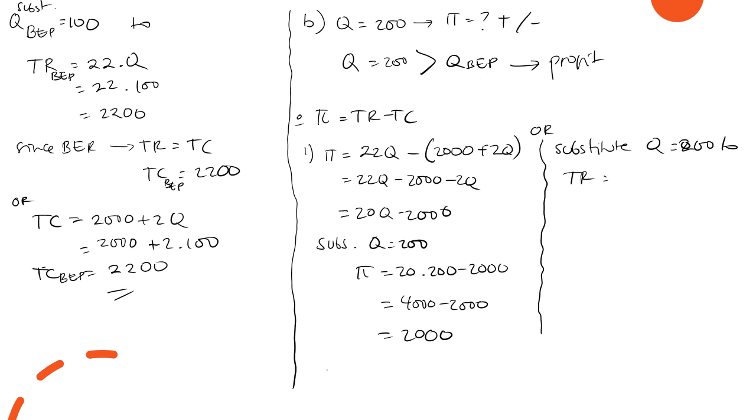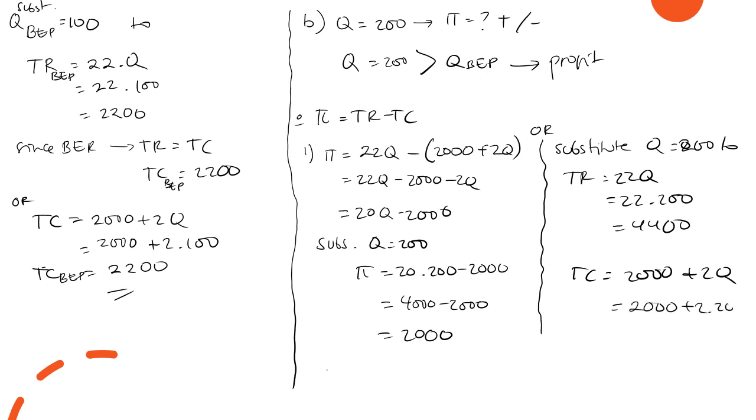TR first, this is 22Q, and that will give 4400, and then TC is 2000 plus 2Q. It is 2000 plus 2 times 200, that is 2400.